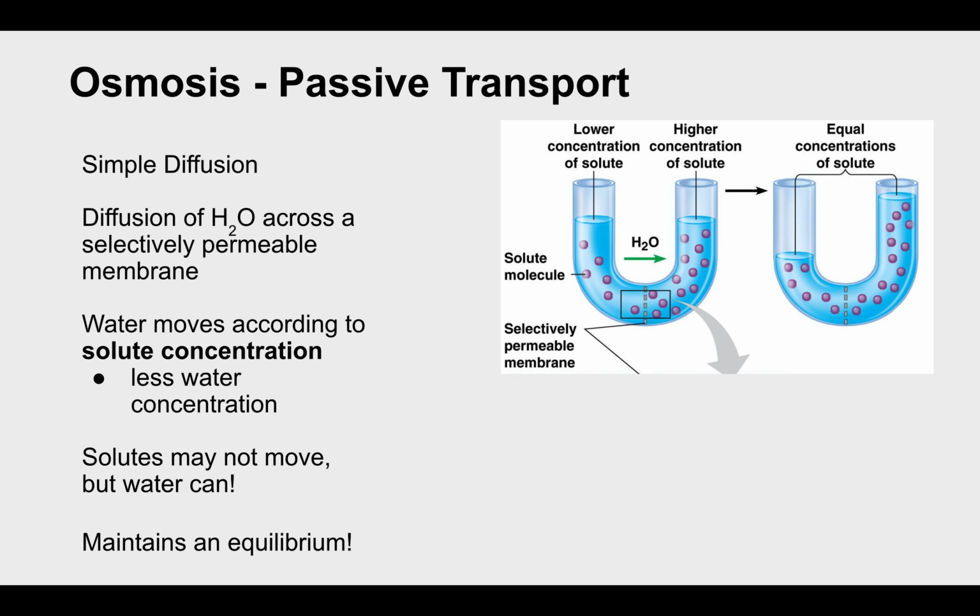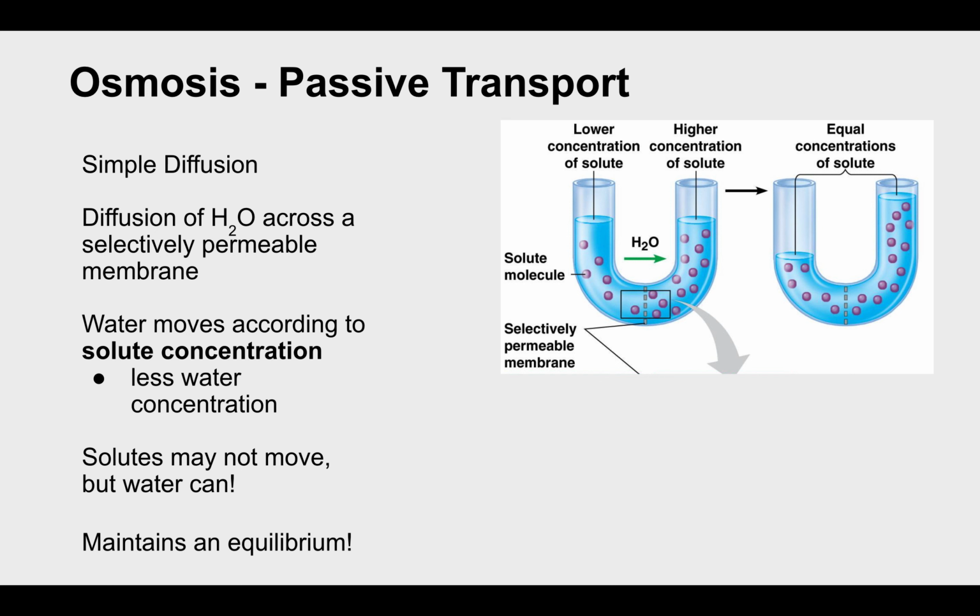So if you look at this example up here, we have our solute molecules on both sides, but we can see this one side has many, many more solute molecules. Now we want to bring that ratio to an equilibrium. So water, just the water, is going to move to that other side in order to have that same ratio of solute to water molecules.